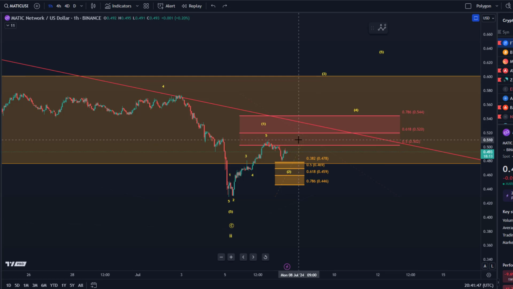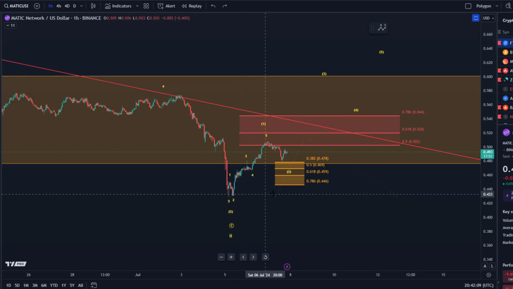If we get any break below 44.6 cents, the upside potential here in the short term is definitely going to reduce in likelihood. And the invalidation point for this potential 1-2 setup here is the Friday low, which formed at 42.9 cents.